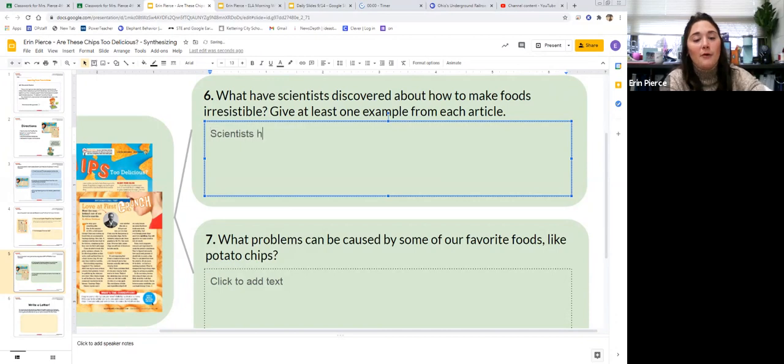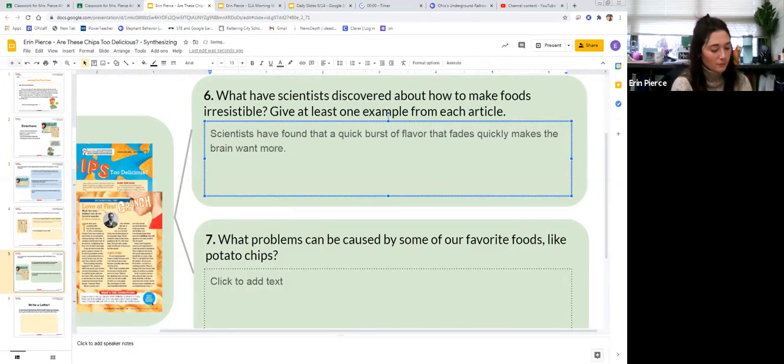Scientists have found that a quick burst of flavor that fades quickly makes the brain want more. I'm going to reread that. Scientists have found that a quick burst of flavor that fades quickly in, let's say, in food, makes the brain want more.